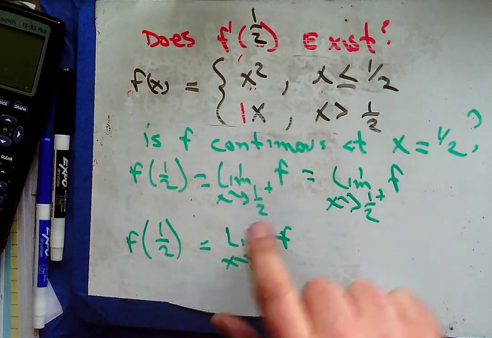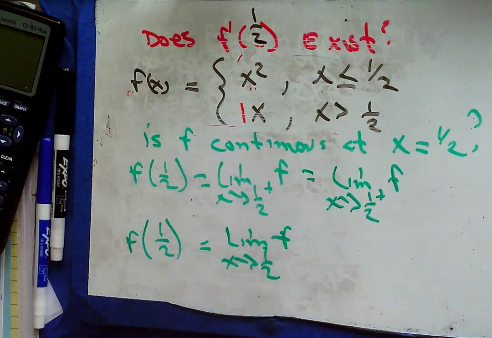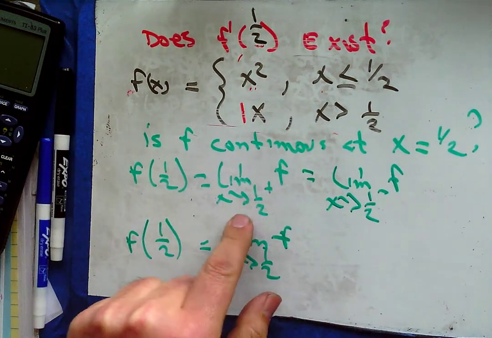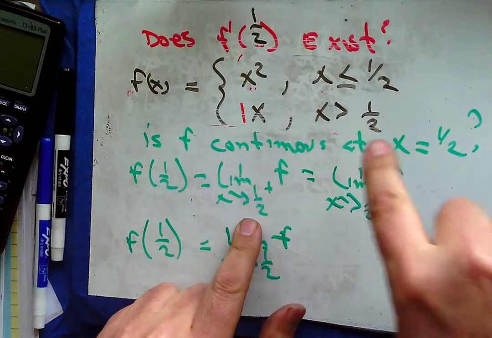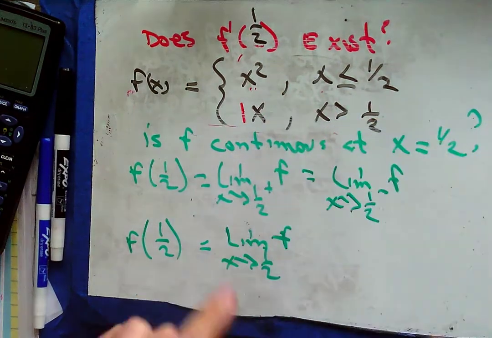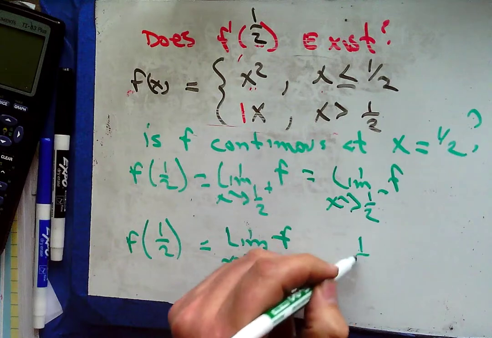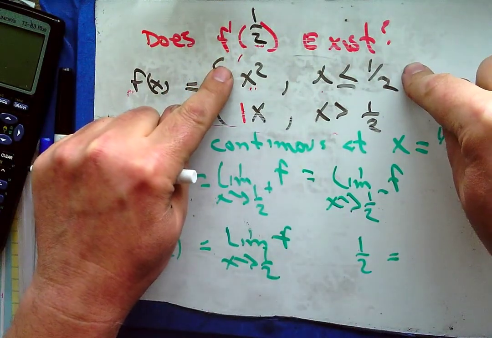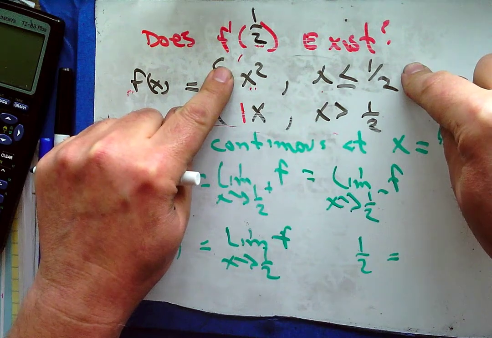Well, let's check out the limit of the function as we approach 1/2 from the positive side. We plug a 1/2 in there, and we get 1/2. Well, what about plugging in a 1/2 as x approaches 1/2 from the negative side?